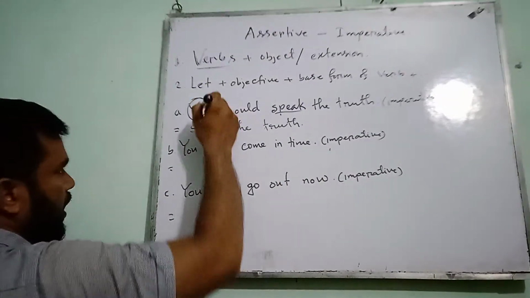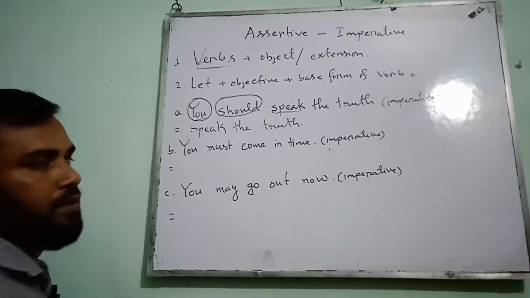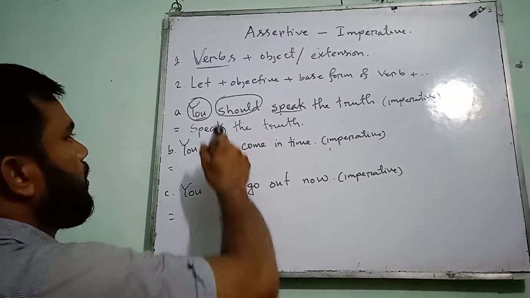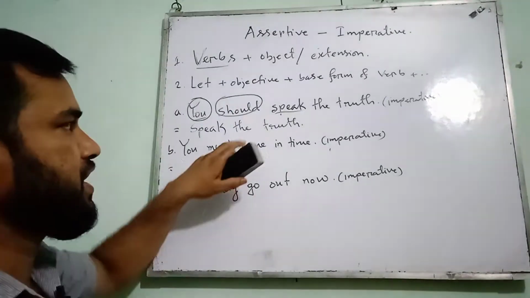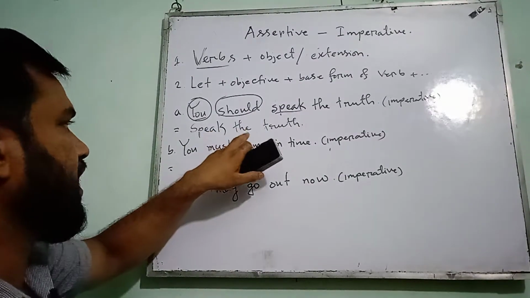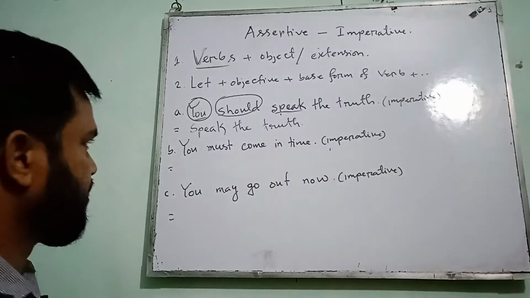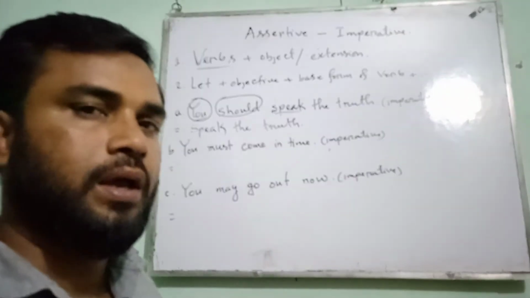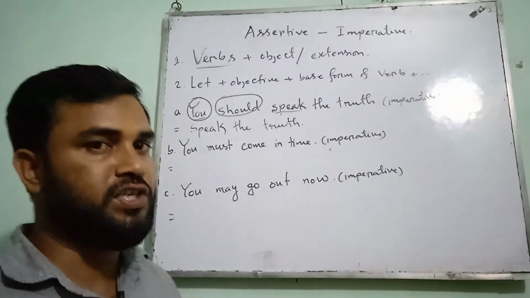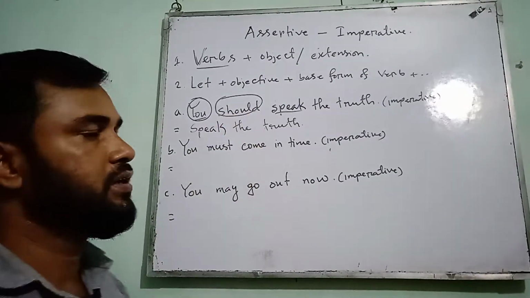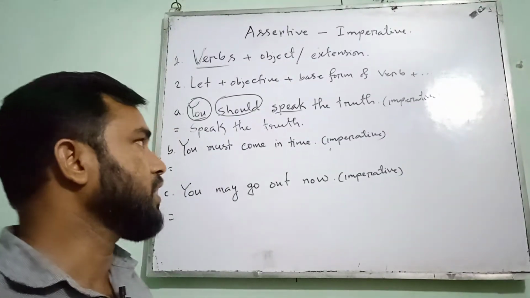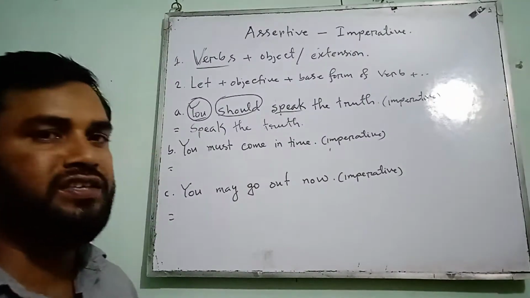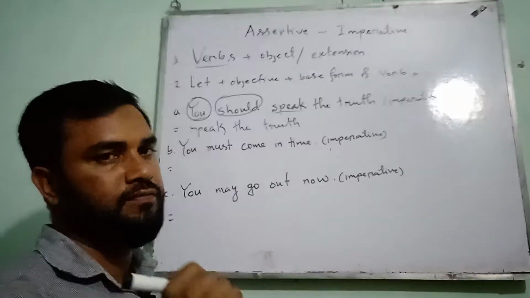Here you can see that I have excluded the subject you and auxiliary verb should, because an imperative sentence begins with a verb and the next words or extensions. So if the sentence begins with you, then exclude the beginning subject you, and then exclude the auxiliary verb, and your imperative sentence will begin with the main verb.